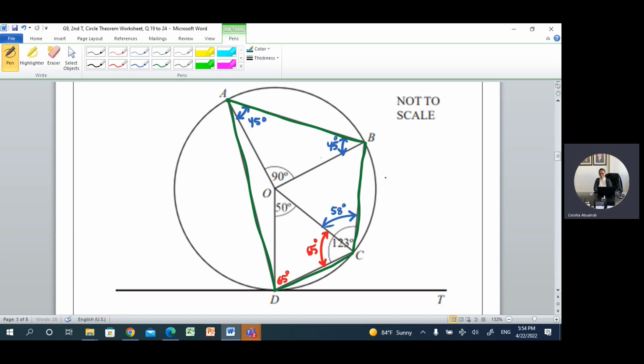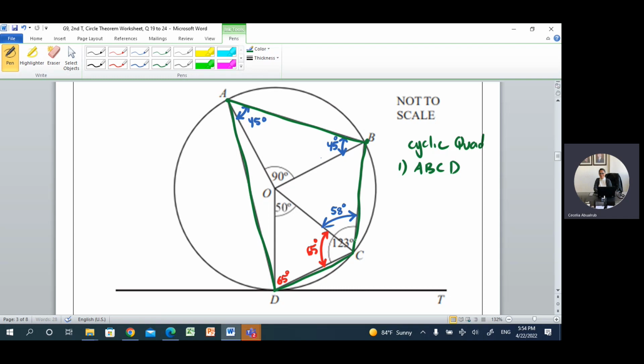So this is a cyclic quadrilateral. So it's A, B, C, D. It has 4 sides and all the points are on the circumference of the circle.